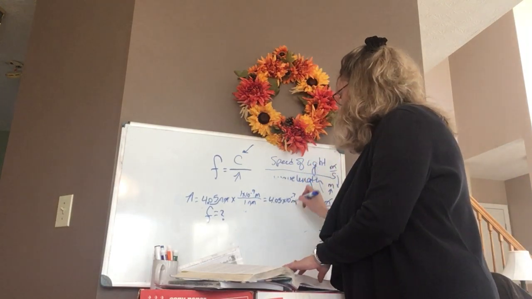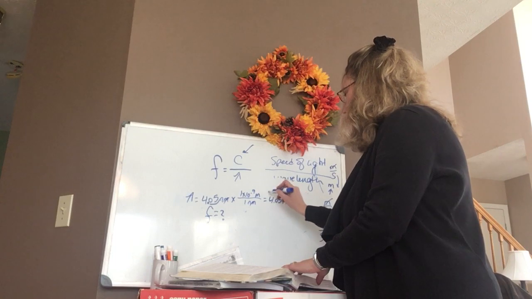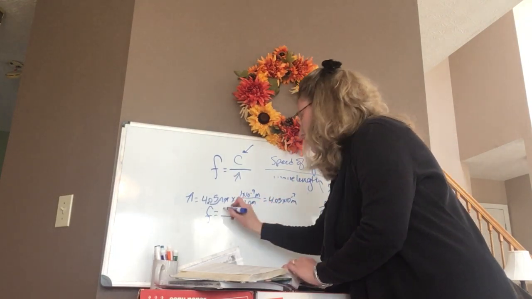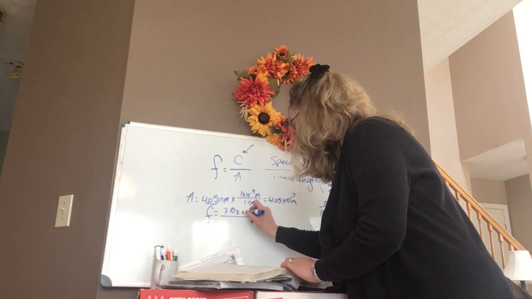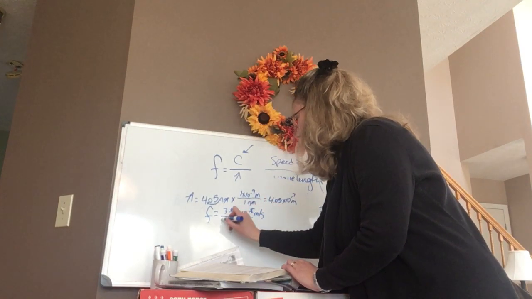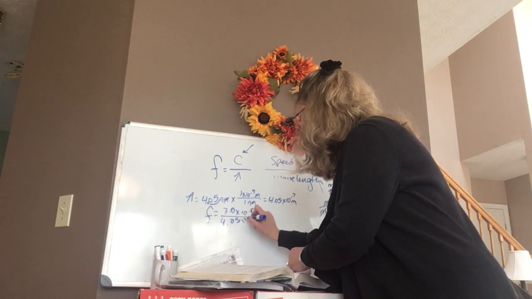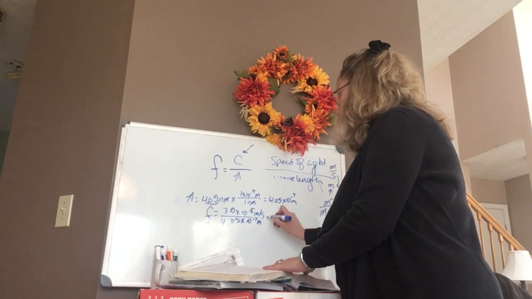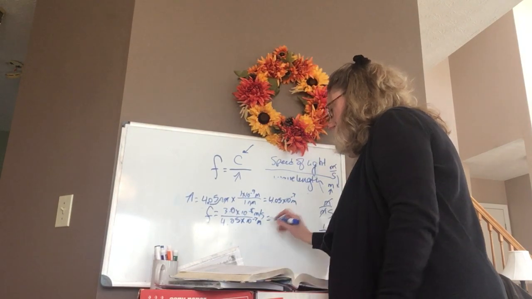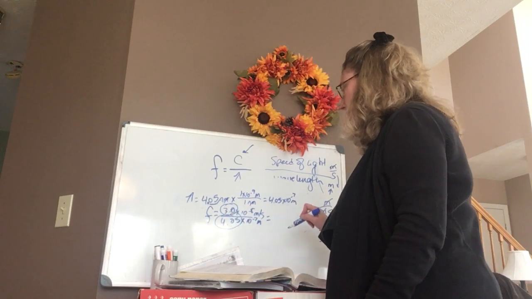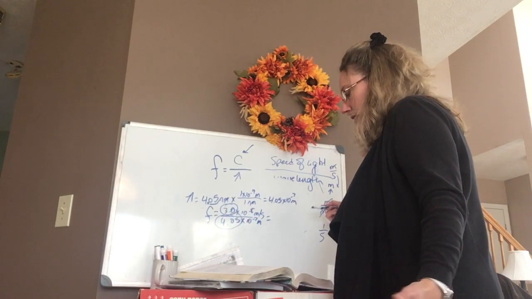So now I have that in meters. And so for frequency, it's the speed of light, which is 3.0 times 10 to the 8th meters per second, over 4.05 times 10 to the negative 7th meters. So my answer is going to be, I have 2 significant digits here and 3 significant digits there, so I can only have 2 in my answer.